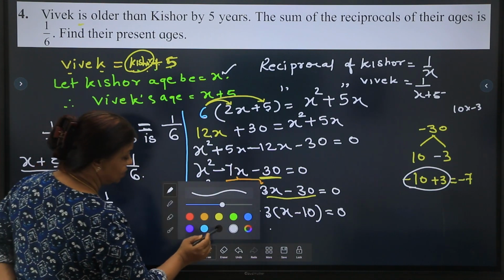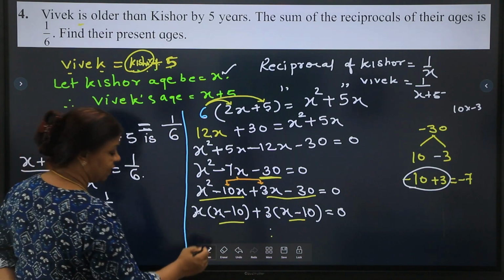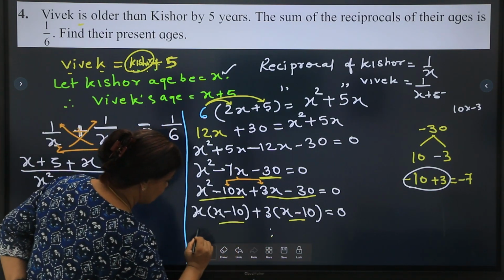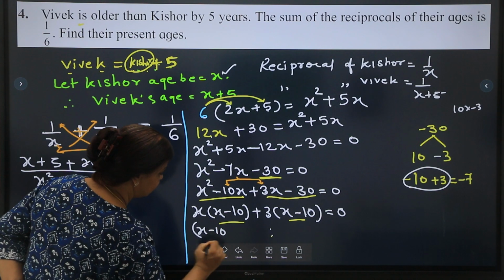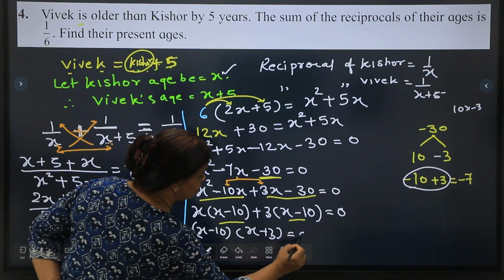Now you know children, we have x minus 10 two times, so we will take it one time: x minus 10 and x plus 3 is equal to 0.